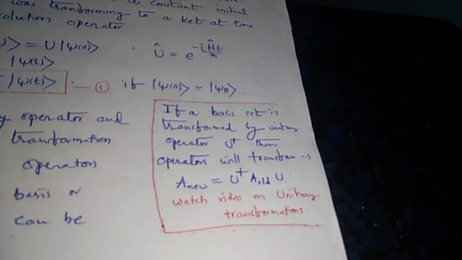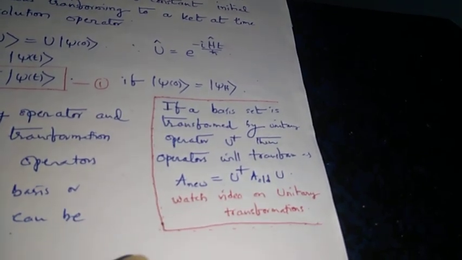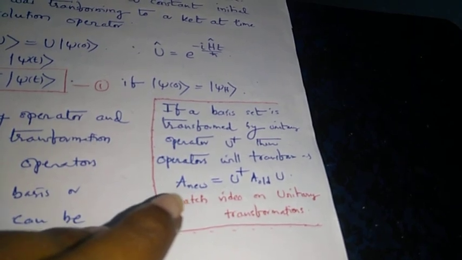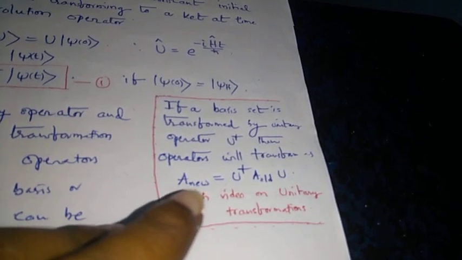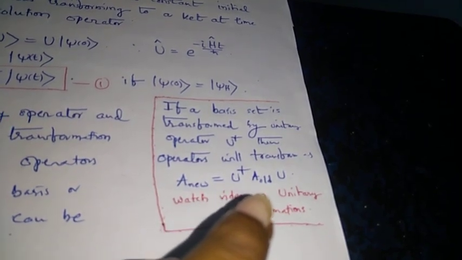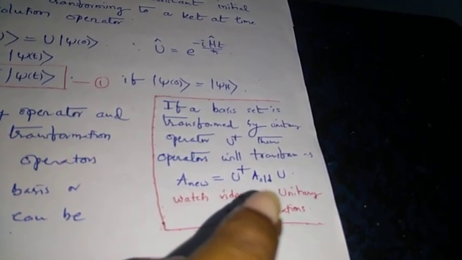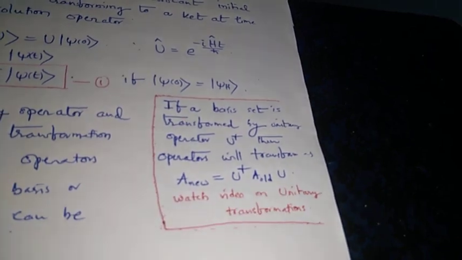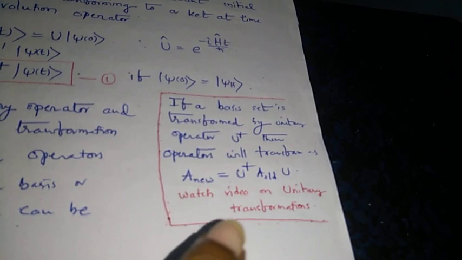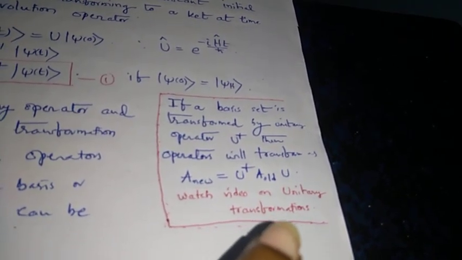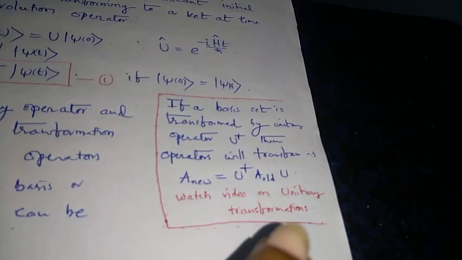Under such a unitary transformation for change of basis, new operators in the transformed space will become U dagger into the operator in the old basis and then U. If you want to know how we are getting this expression, I recommend you to watch my video on unitary transformations.